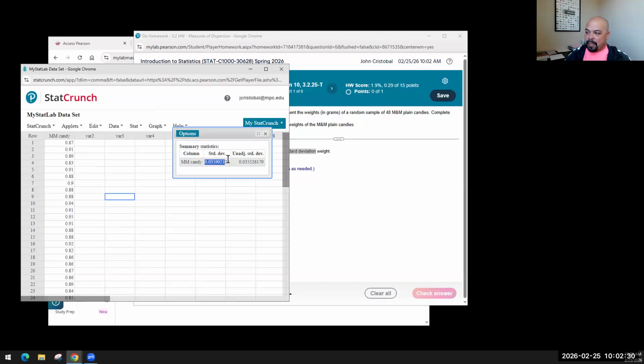I'm copying this so I can double check our data in case later, if we're typing in data on our own, we missed a decimal point somewhere or mistyped. I can verify. This one over here is my unadjusted, my population standard deviation. There's not much difference between the two in this particular case, probably because we have a bigger data set, so the values are pretty close.